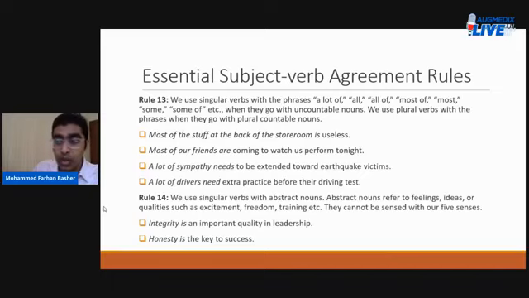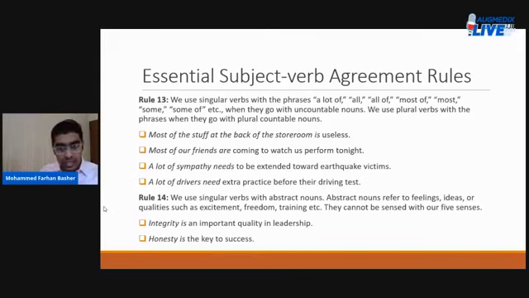Under rule number 13, we have most of the stuff at the back of the storeroom is useless. Here, most of the stuff. Now, stuff is, of course, certain things or many things together. But when you say stuff, the noun stuff is an uncountable noun. You cannot possibly count it, right?